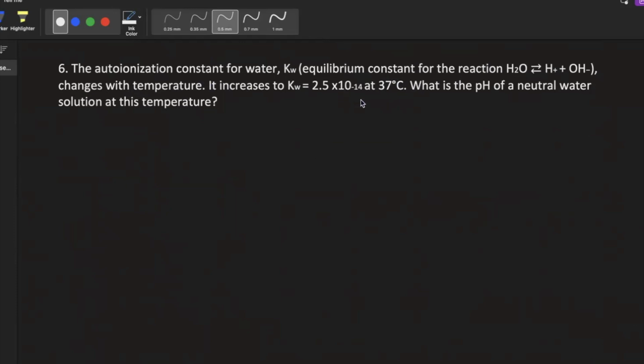First thing we have to do to solve this is write the equilibrium constant expression for ourselves. So we're going to take 2H2O gives us OH negative plus H3O plus.